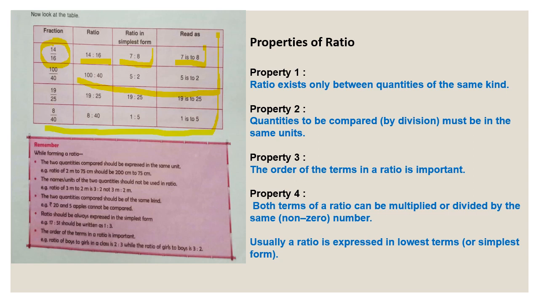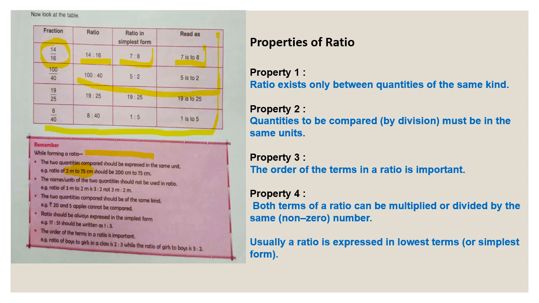Now, while forming a ratio, you have to follow some rules. First, the two quantities compared should be expressed in the same unit. It means to express given numbers as a ratio, you must change them into the same unit, like 2 meter to 75 centimeter. Here 2 is in meter and 75 is in centimeter.